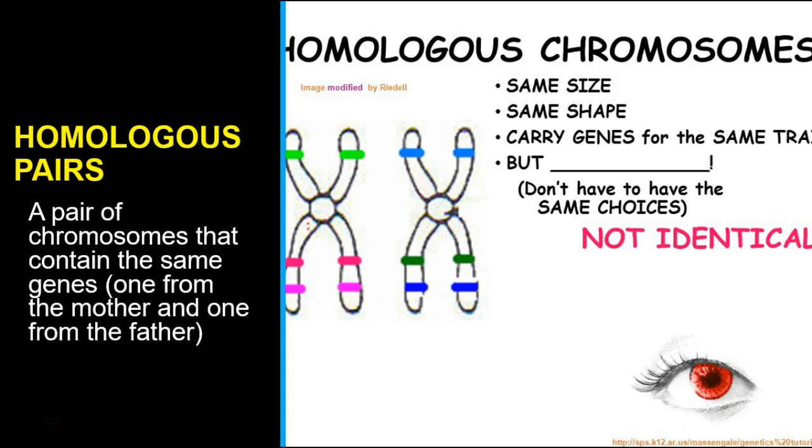So this homologous pair might have the gene that carries eye color, and one chromosome came from the father and one came from the mother, and so one might have a brown allele for eye color and the other might have a blue allele for eye color. So they're not identical, but they carry the same genes.